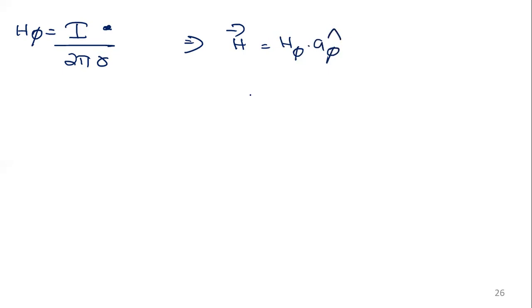From that we will get H phi is equal to I by 2 pi R. Therefore, we can say H is equal to H phi into A phi, the direction also we should write. So it is I by 2 pi R into A phi. So by using Ampere circuit law, we calculated the magnetic field intensity for an infinite length conductor.